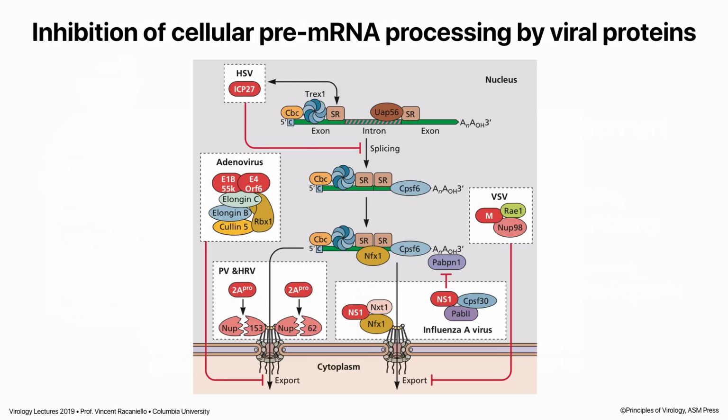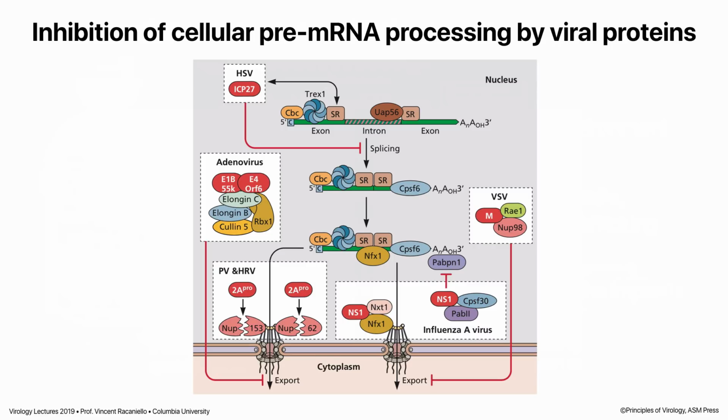And splicing occurs in the next step there, and the intron is removed. There are viral proteins that can interfere with splicing, like a herpes simplex virus protein called ICP27. If you interfere with splicing, that transcript doesn't get out of the nucleus. Remember, splicing marks it for export, so that will keep it in the nucleus, so less competition for viral mRNAs.